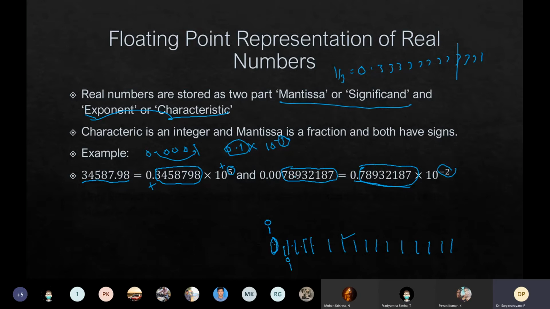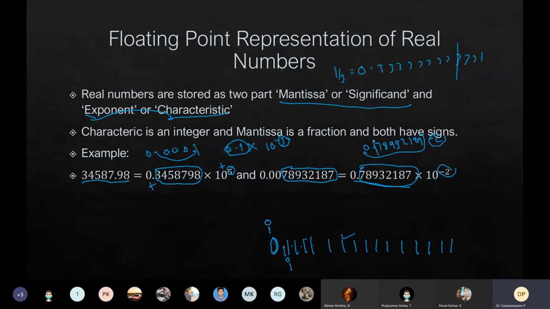And this number, when it goes to the computer, you have to do normalization. You're multiplying with 100, so you have to divide with 100 also. So this number in the computer will be stored as 0.78932187 and negative 2. This is what gets stored in the computer.